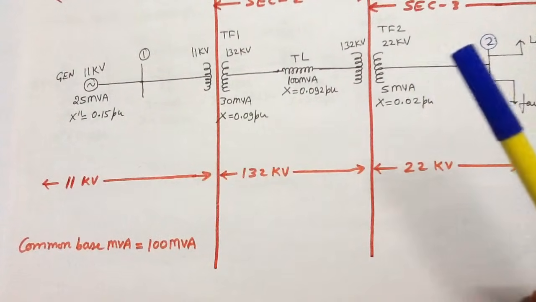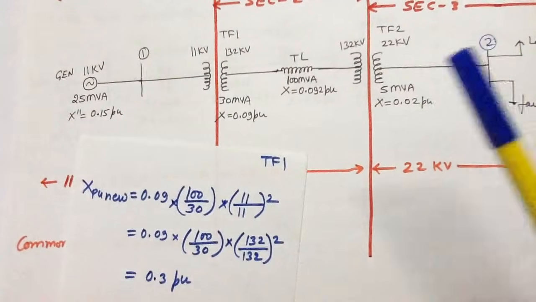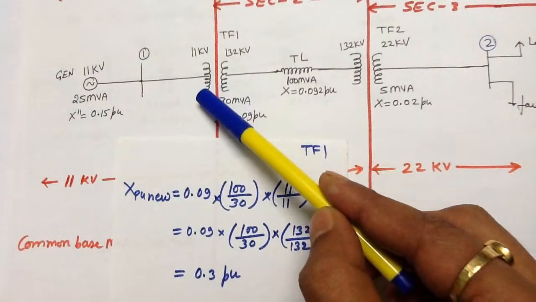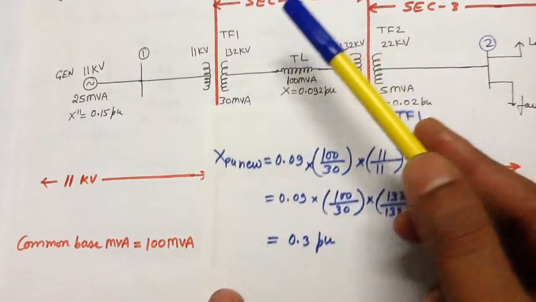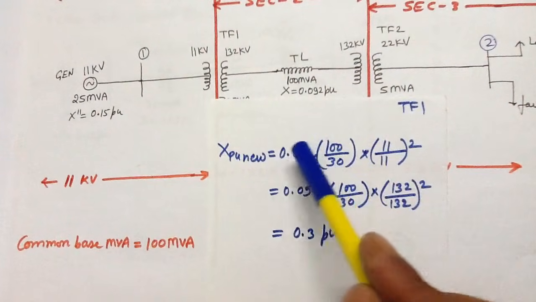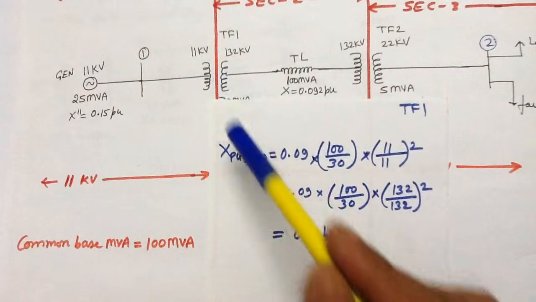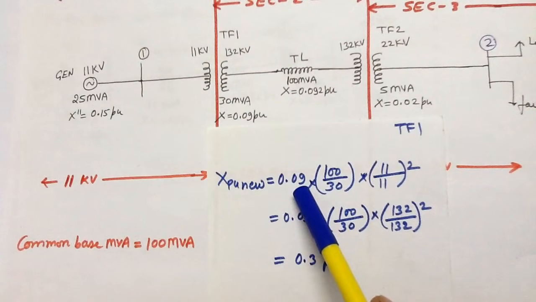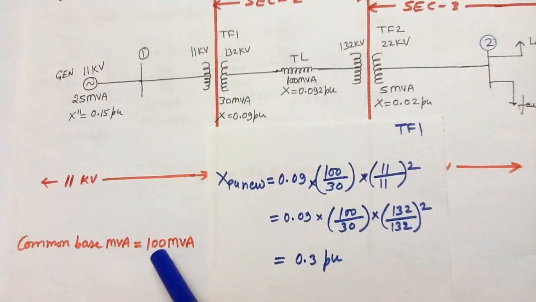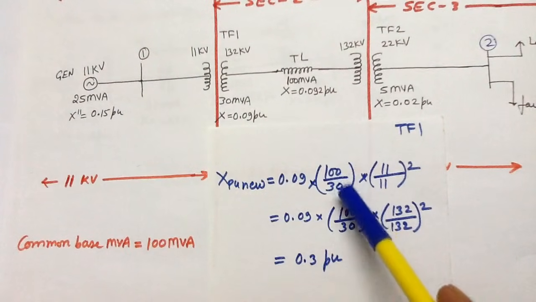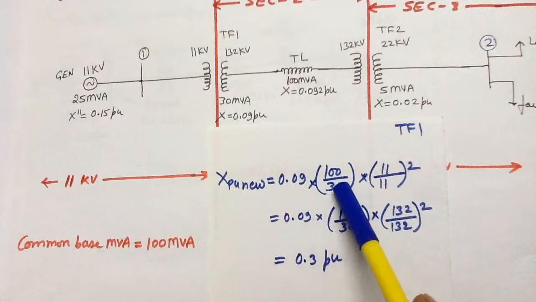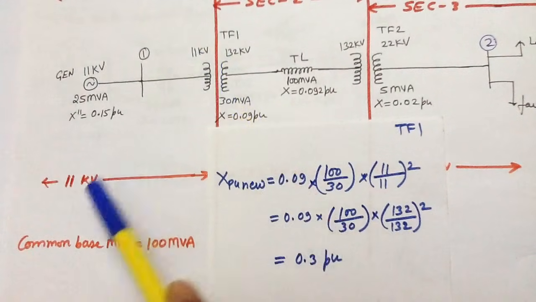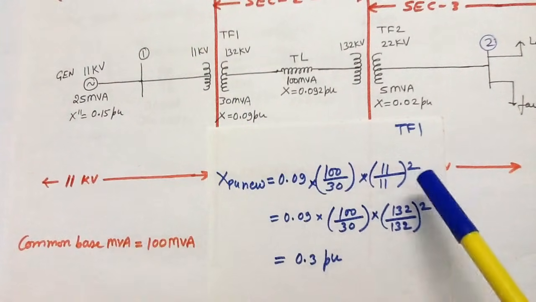Now consider the transformer number 1. If you consider the LV winding of transformer number 1, the new per unit reactance of the transformer number 1 is equal to the old per unit reactance into the new base power divided by the old base power into the old base voltage divided by the new base voltage square.